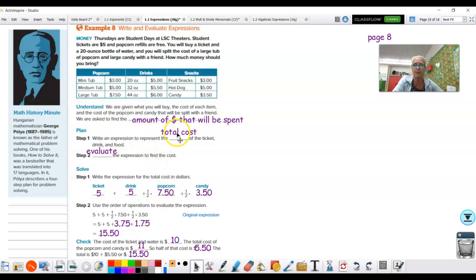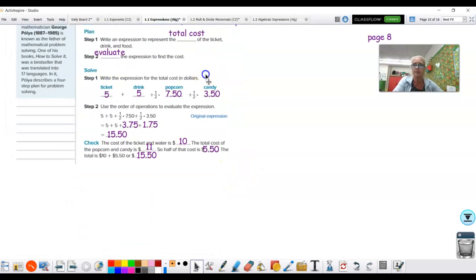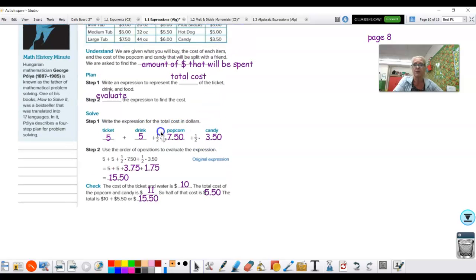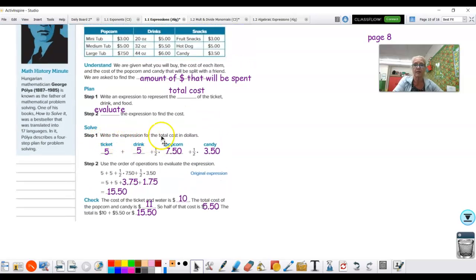Write an expression to represent the total cost of the ticket, drink, and food. Evaluate the expression to find the cost. All right. Write the expression for the total cost in dollars. We have to buy a ticket. That's $5. We have to buy a drink. That's $5. And we get half of a large popcorn.